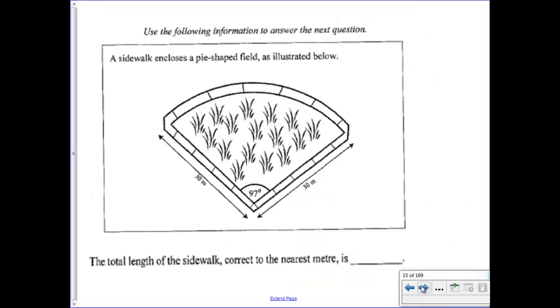Okay. Let me give you guys some problems then. I'm going to skip ahead to this example here. This was an old diploma question. I'll give you a second just to read it first.